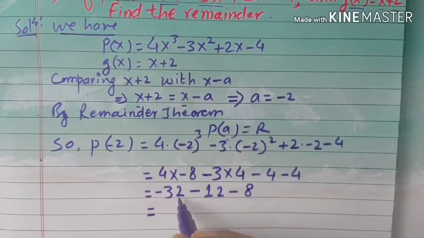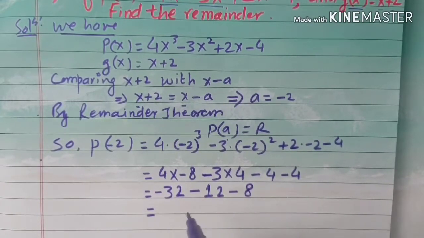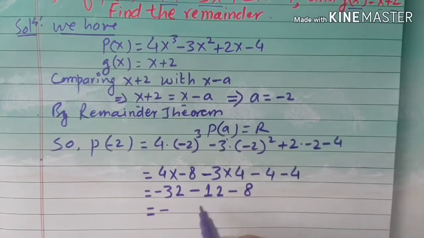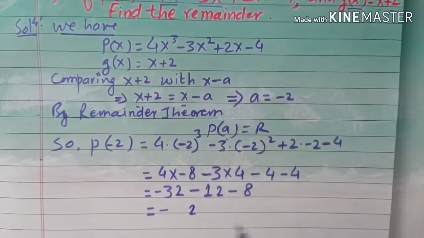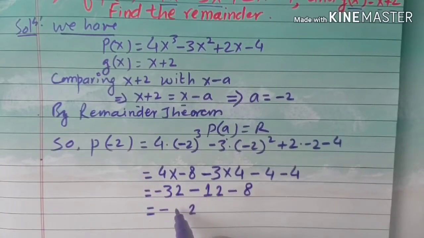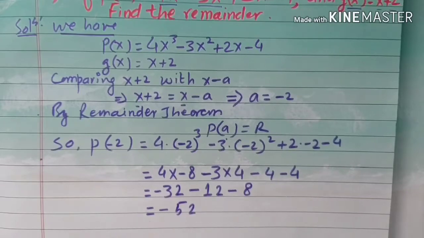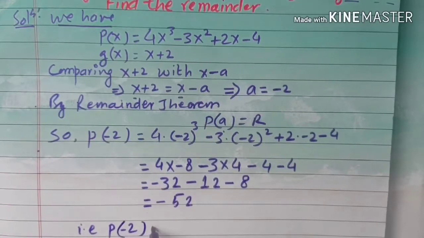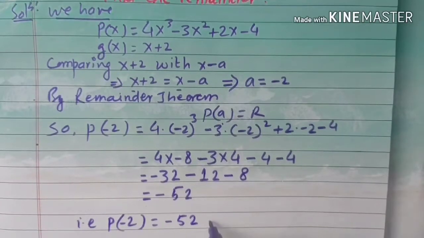If you add minus 32, minus 12 and minus 8, we will get minus 52. That is, P(minus 2) is equal to minus 52, which is the required solution.